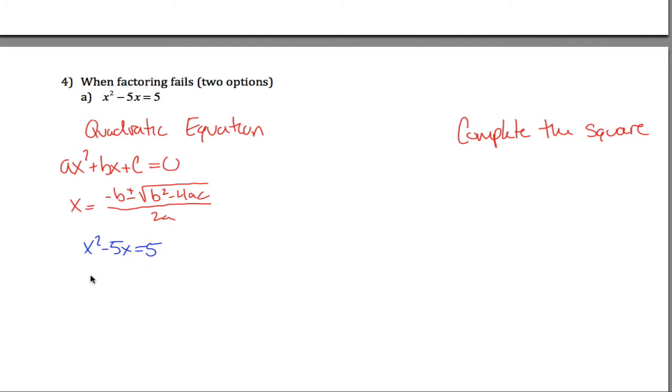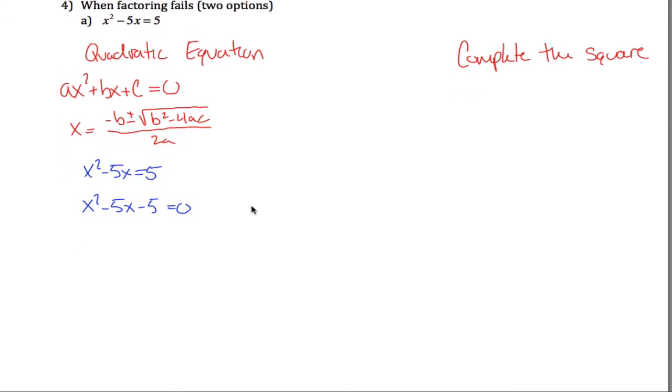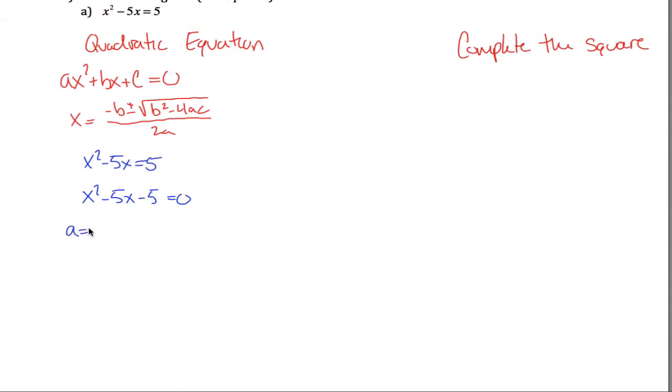I got to subtract 5 from both sides of the equation so that it fits this form. Now that it fits this form, I can say that a is equal to 1, b is equal to negative 5, and c is equal to negative 5. A is the coefficient on the x squared term, which is 1 here. B is the coefficient on the x term, negative 5. And c is the constant term, also negative 5 in this case.